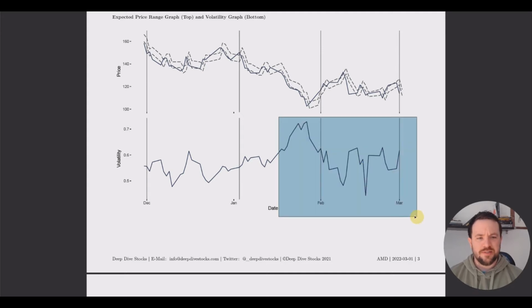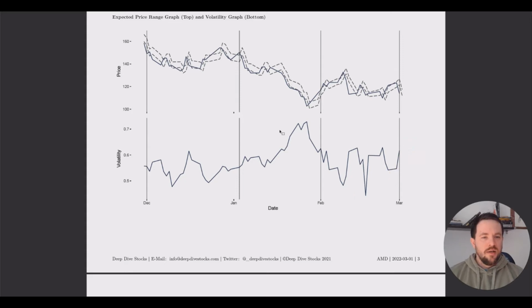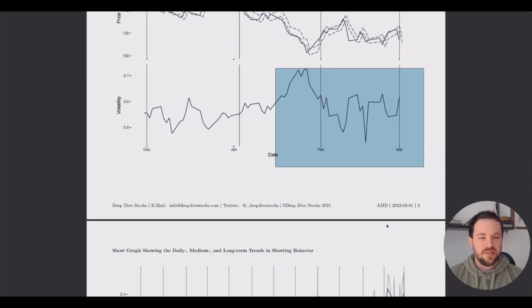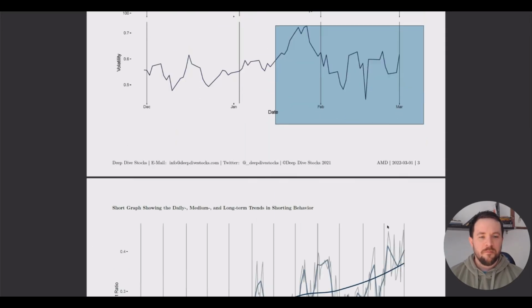The other interesting thing is the volatility on AMD recently has been pretty erratic. So we see that here in December and January, volatility kind of just oscillates, right? And then all of a sudden it feels like it gets a little choppy. So maybe we can find a reason for that can point us towards AMD's overall stability.